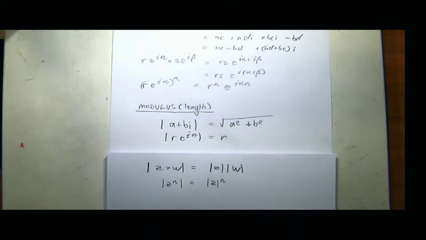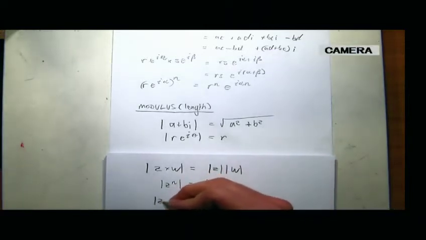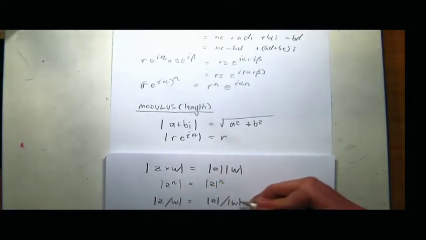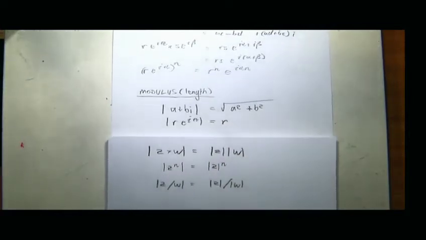So anytime you learn a new function, you should try and figure out what it does to all the things you know. That's what it does. It expands out over division too.